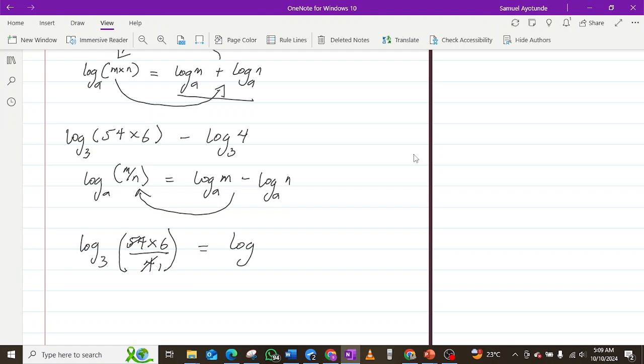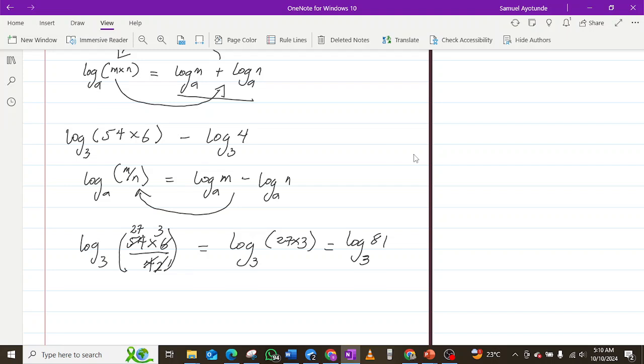Okay, let's break it a bit. 2 in 4 is 2, 2 in 54 is 27, and 2 in 2 is 1, 2 in 6 is 3. So we are left with log base 3 of 27 times 3, which is log 81 base 3.